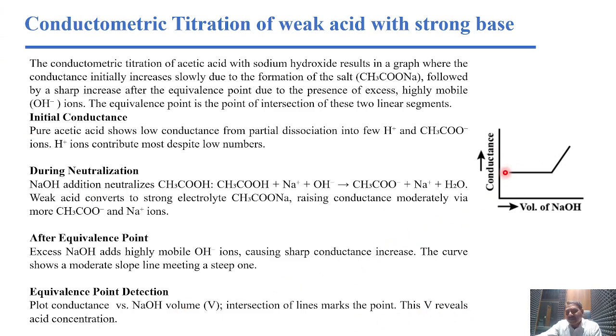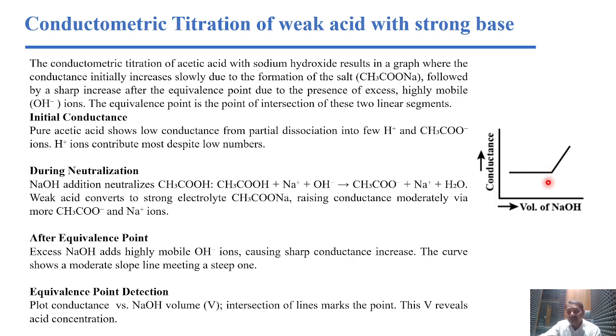So if we observe this graph of conductance versus volume of NaOH, initially, when we add the NaOH solution to the acetic acid solution, the conductance increases slowly due to the formation of sodium acetate salt. They have high conductance value and therefore conductance increases slowly.